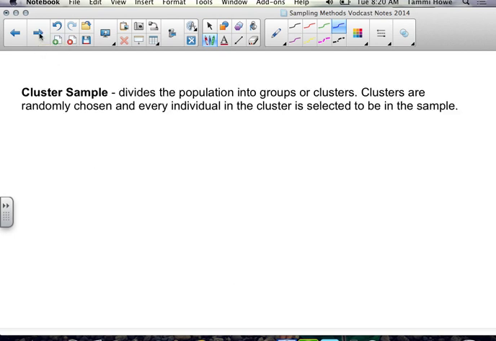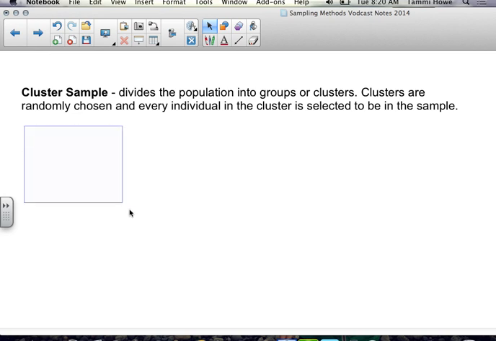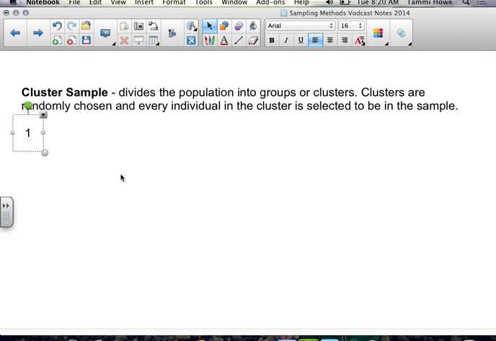Okay. The next type is called a cluster sample. And so a cluster is where you divide the population into groups or clusters. And then you randomly choose a cluster, and every single person in that cluster is in your sample. I think great clusters for us would be to do this by period. So we could label number 1 first period.